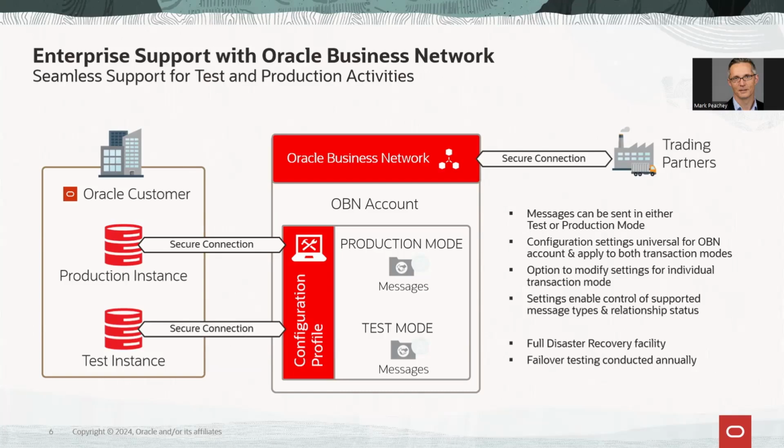And that account allows you to support both production and test mode activity. So unlike with an ERP instance where you may have a production instance and then one or more test instances that are all separate, for OBN we have a single node. You get an account and that account supports both production and test mode activity, which means you can connect a production instance to your OBN account, and you can also connect a test instance to that same account.